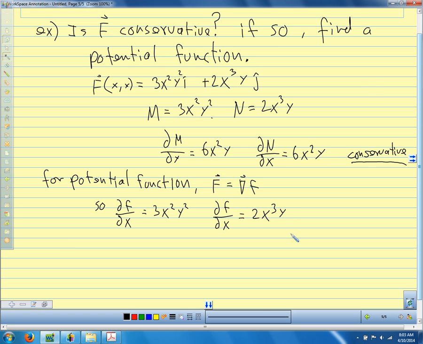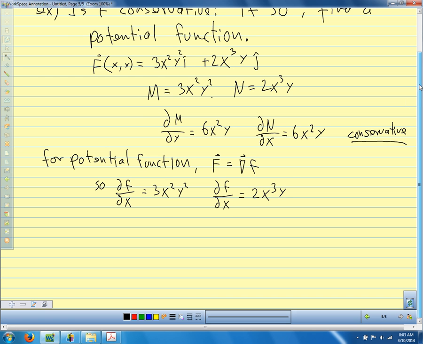So what we're going to do is integrate each of these separately to come up with our potential function. So f has to equal the integral of the partial df dx with respect to x.